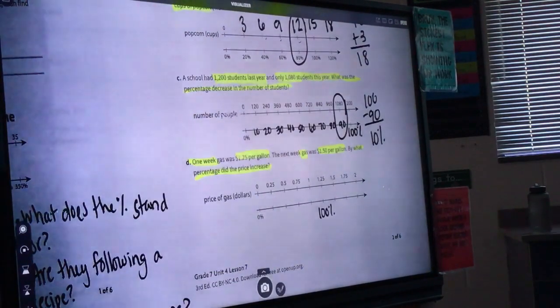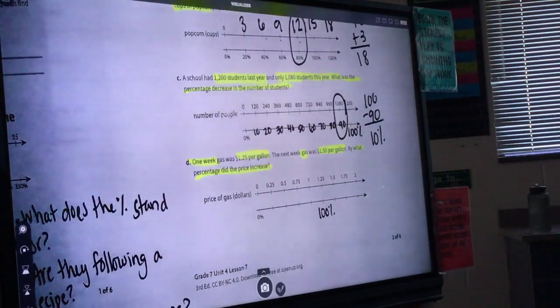Why do we have to start with 100% being $1.25? That's what we have to understand here. Sabrina? Because $1.25 is the beginning amount. Right, so our beginning amount, our 100% amount, is $1.25. We're trying to figure out the increase from $1.25 to $1.50.